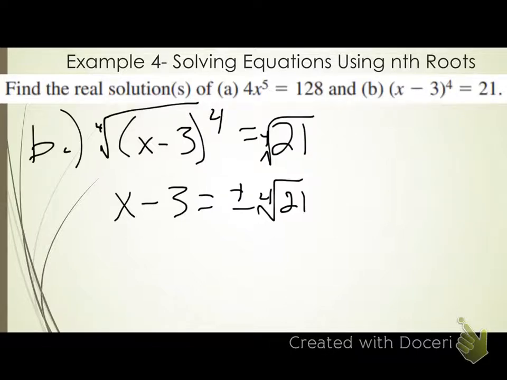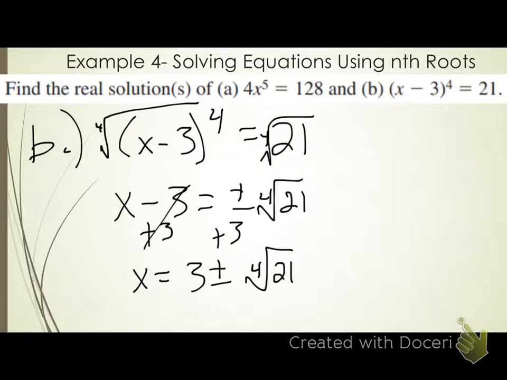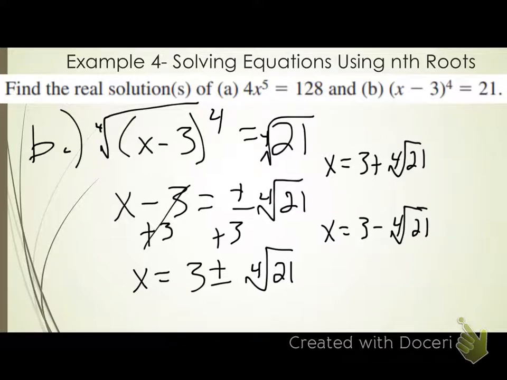Now, how can I get x by itself? Add 3 to both sides. Everyone seeing that? So my 2 solutions are 3 plus the fourth root of 21 and 3 minus the fourth root of 21.